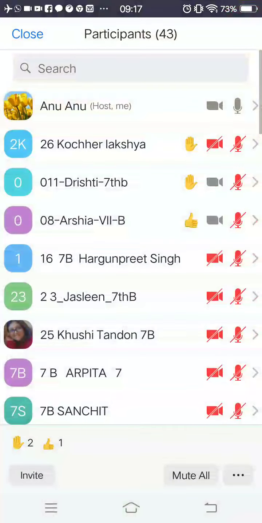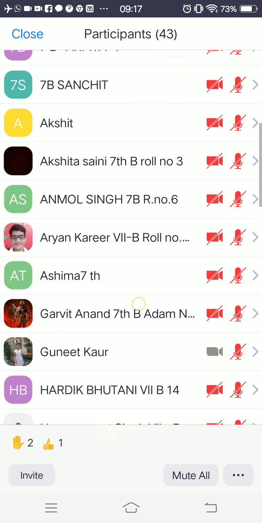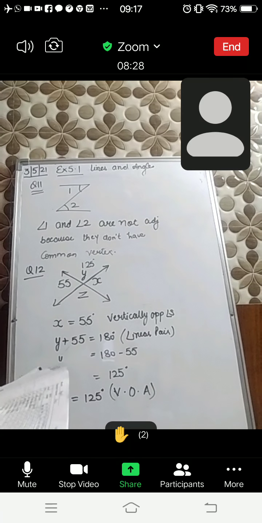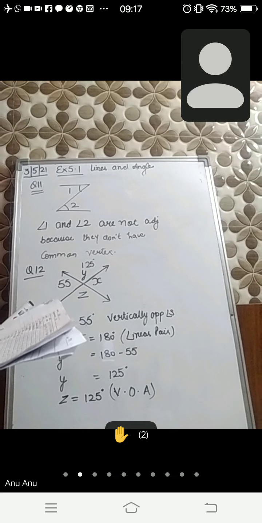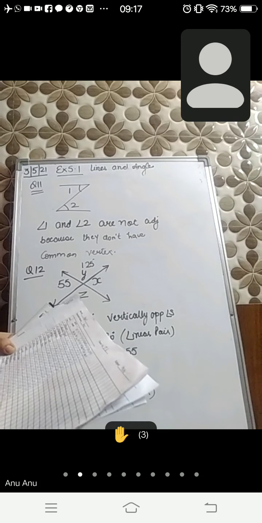Hardik Uppal, raise your hand. Hardik Bhutani is there, but Hardik Uppal is again absent. He is not attending the class for the last 3 continuous days. Khushi, be regular, beta.